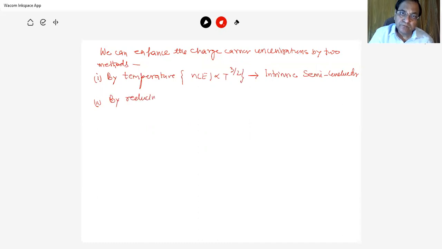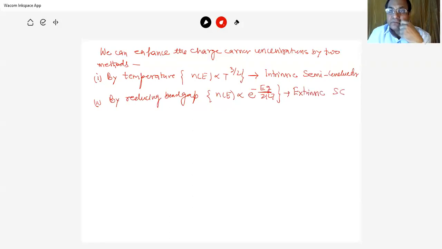The second one is by reducing the band gap. That is, Ne proportional to e raised to the power minus Eg upon 2 kT. This is an extrinsic semiconductor.